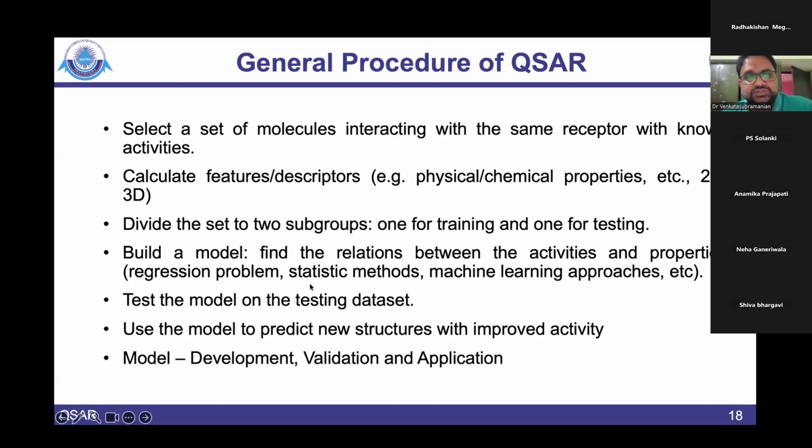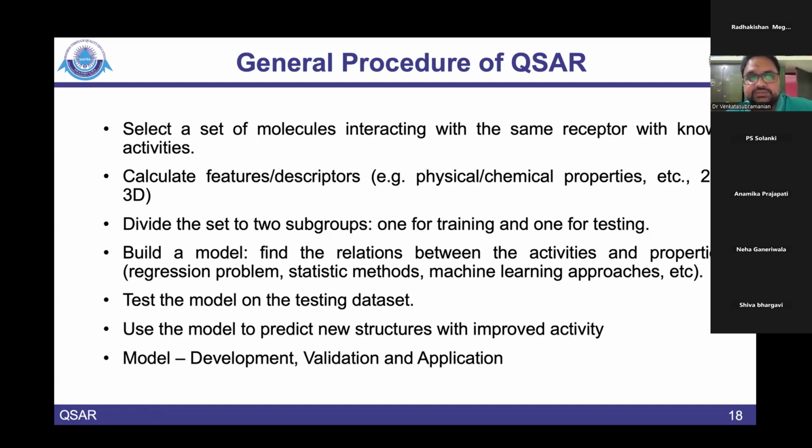In the early examples, we used regression methods, and then later on we used more advanced statistical methods, and nowadays even machine learning and artificial intelligence can be used to correlate them. Once you have a model, the training set is used to generate the model, and then we use the testing data set to test the model. Then you can use the model to predict the activity for new molecules, validate them, and look for improved activity.